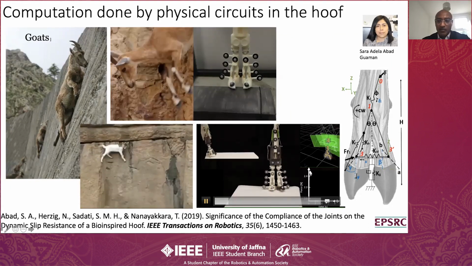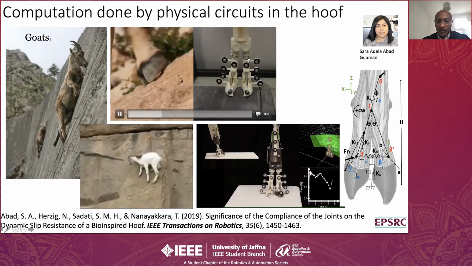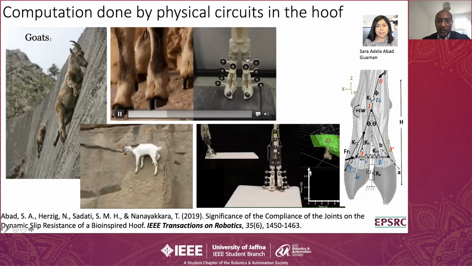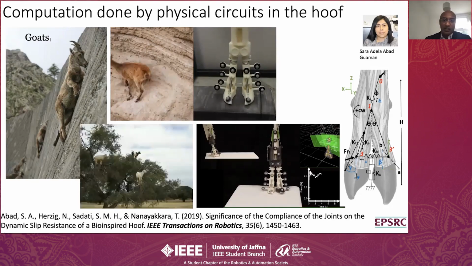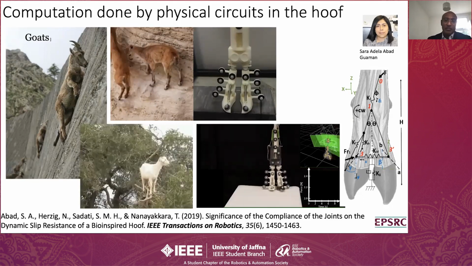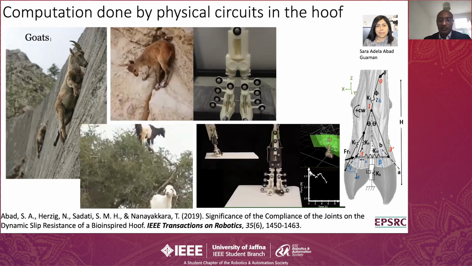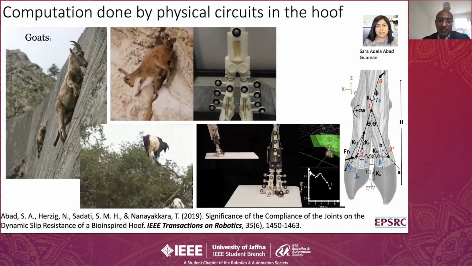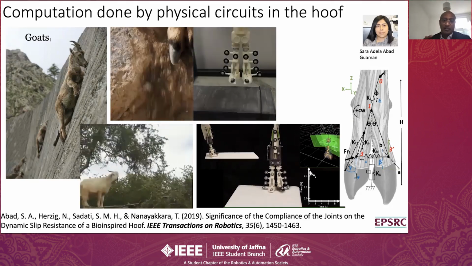She found out that the compliance in the joints helps the hoof amplify vibrations and get tangential vibrations with tangential slippage, creating vibrations that chop down the normal surface slipping, just like an ABS system in a car, right? So when you have ABS, the braking is fast.